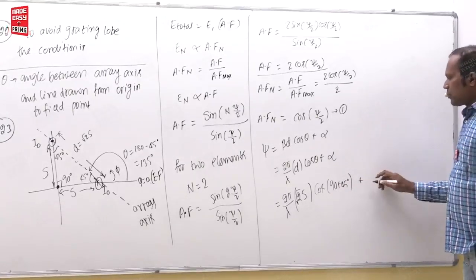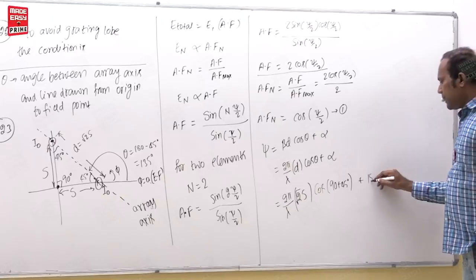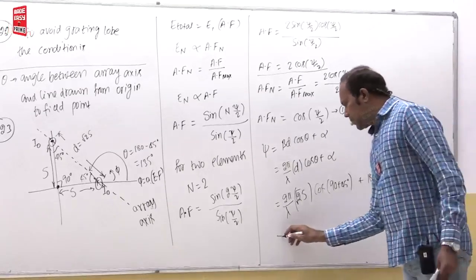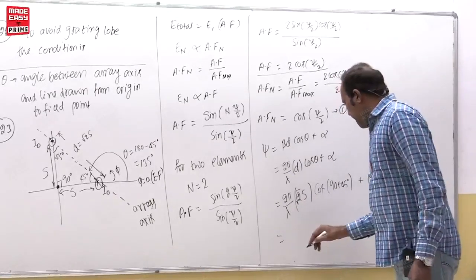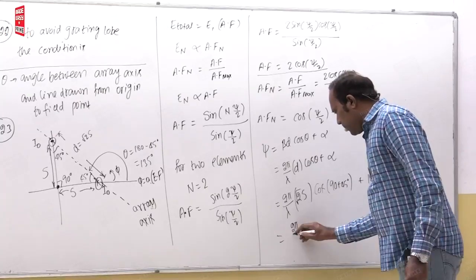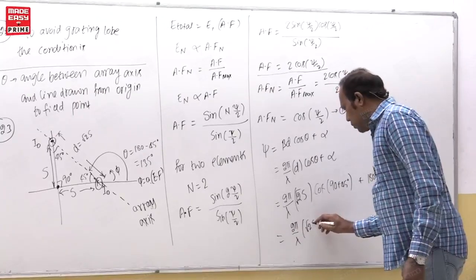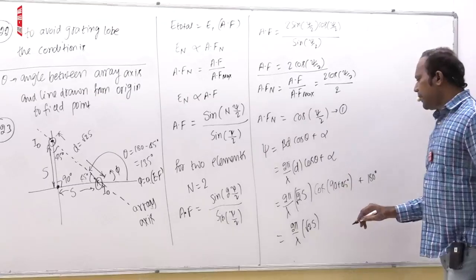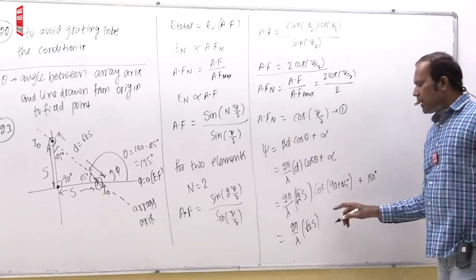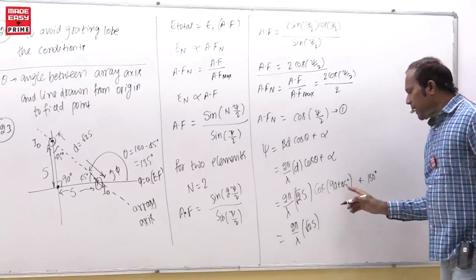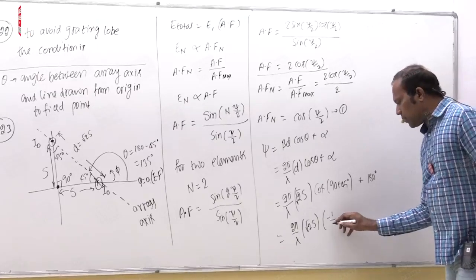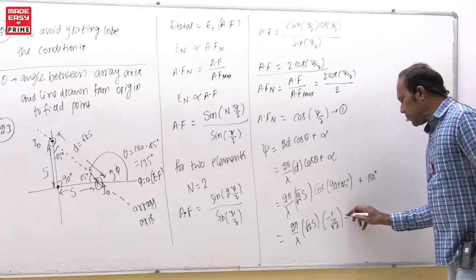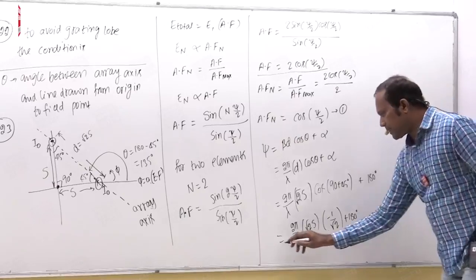Now alpha is what, dear students? 180 degrees. So that is equal to 2 pi by lambda root 2 s cos of 90 plus 45, which is second quadrant. Now this is negative, minus sin 45. So that is minus 1 by root 2, you get plus 180 degrees, that is psi.